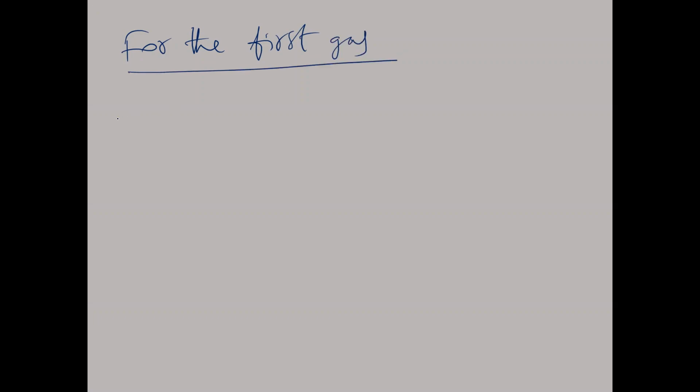Now for the first gas, what is the number of moles? Tell me. Number of moles is given by n, right? Number of moles of the first gas is equal to the mass of the first gas.